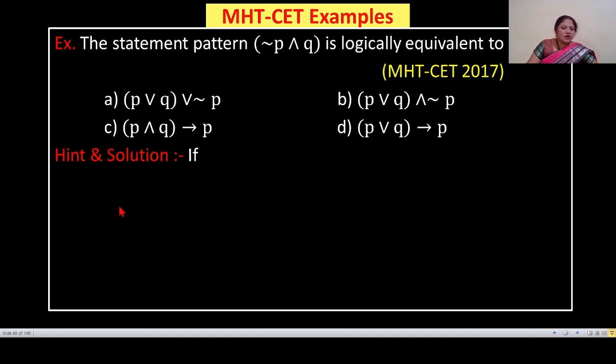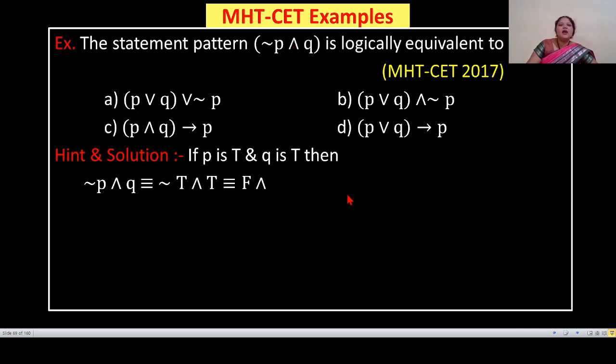Hints and solution. If P statement is true and Q statement is true, then negation P and Q is false. And if P is T and Q is T, then A, C and D options are true, but B option is false.